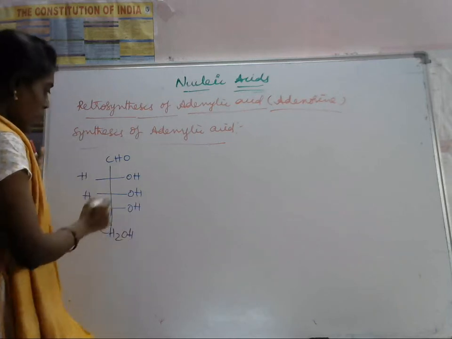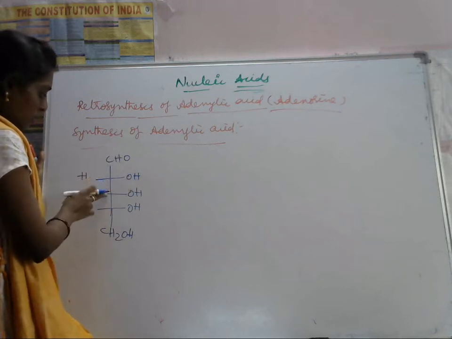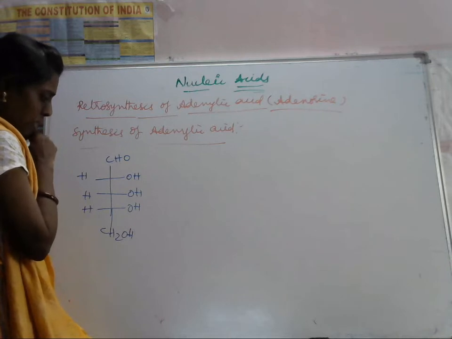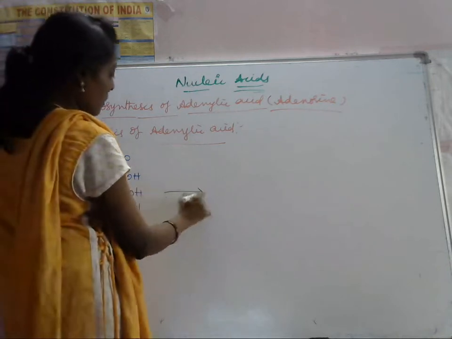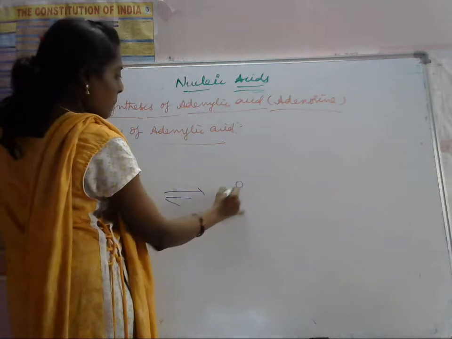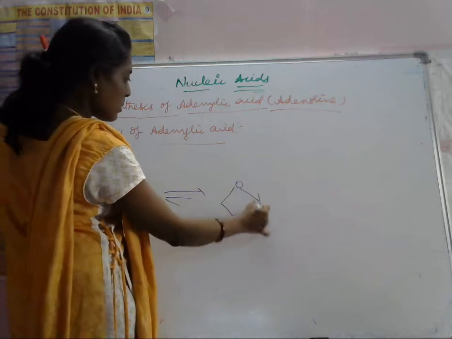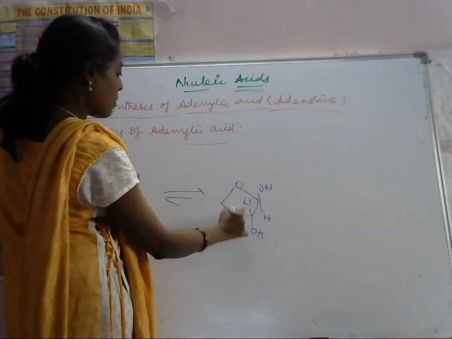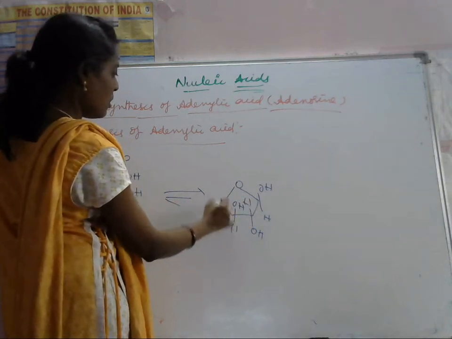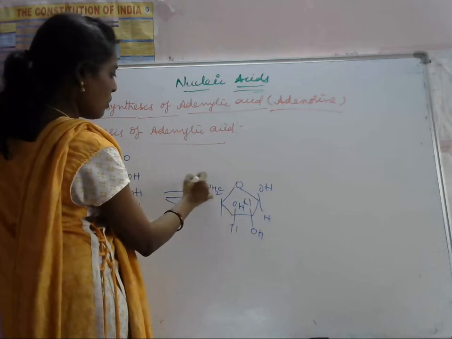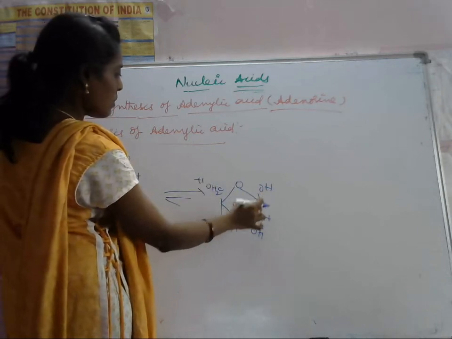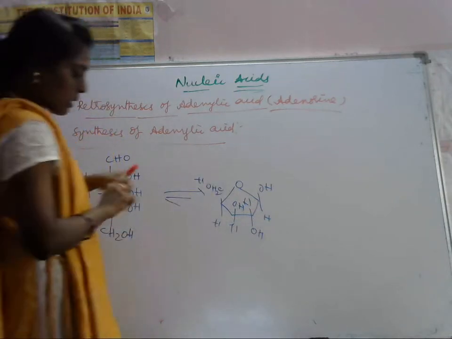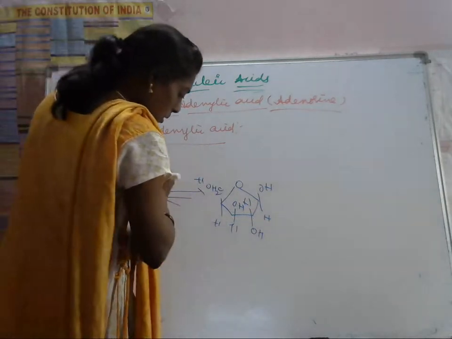This is the glucose actually. Ribose is converted into OH, H, OH, H, OH, H, here CH2OH is there. This is called furanose.